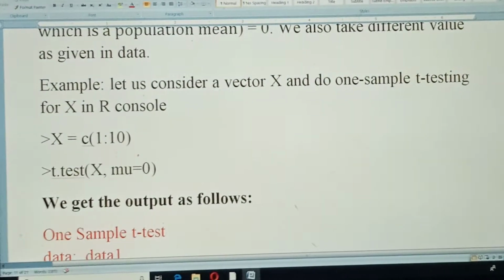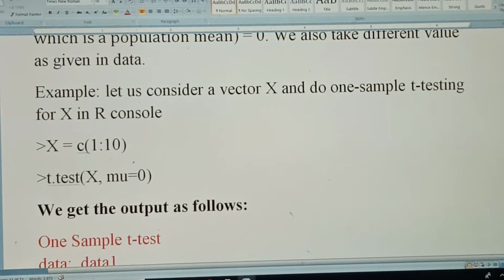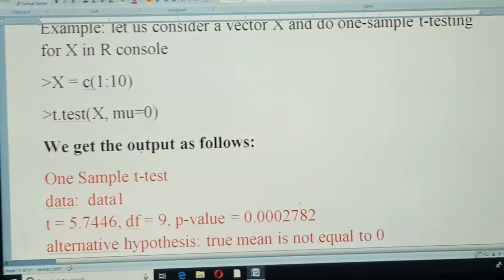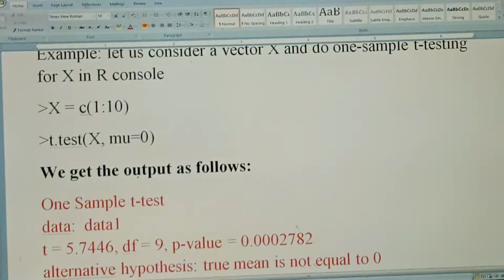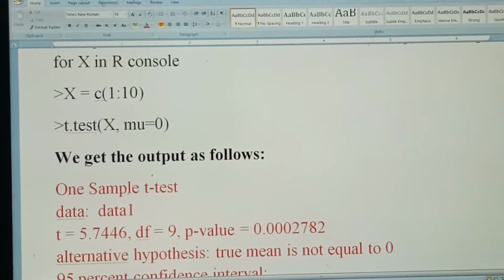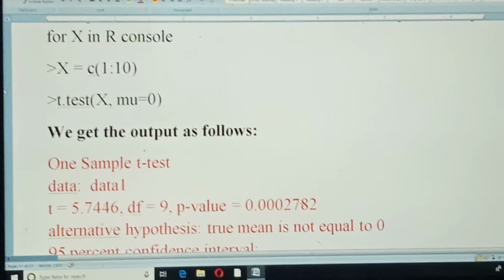Now let us discuss the same one sample t-test with the help of a simple example in the R console. First, let us consider a numerical vector x which is assigned the values from 1 to 10, taken in the form of a sequence.